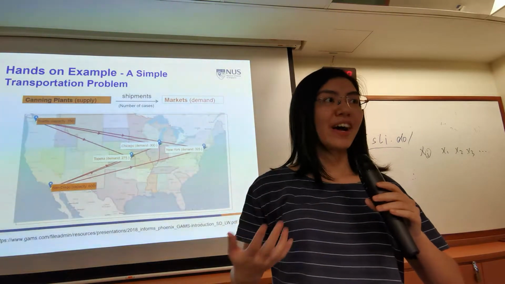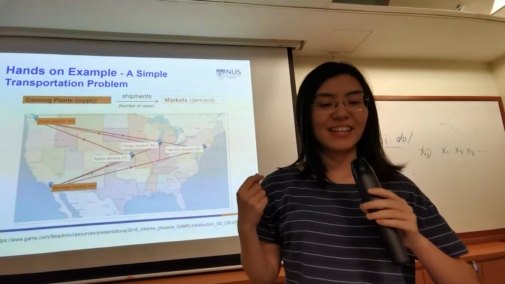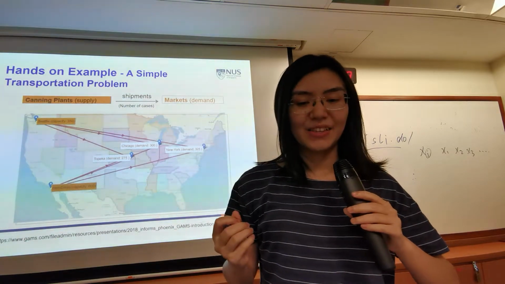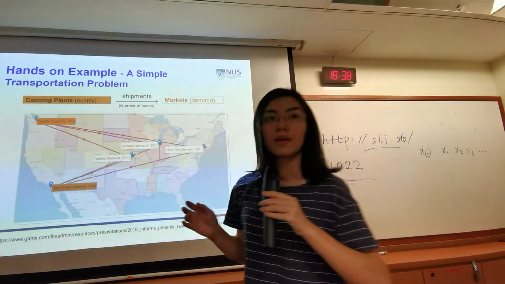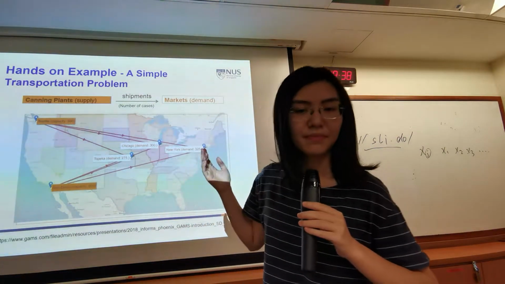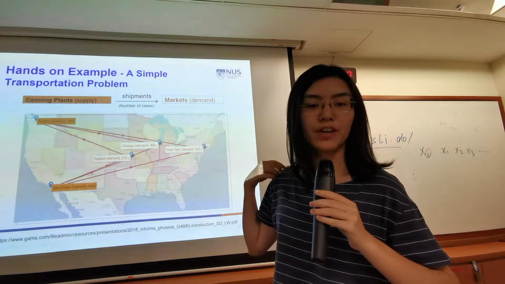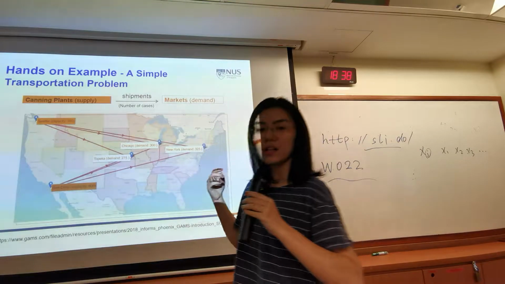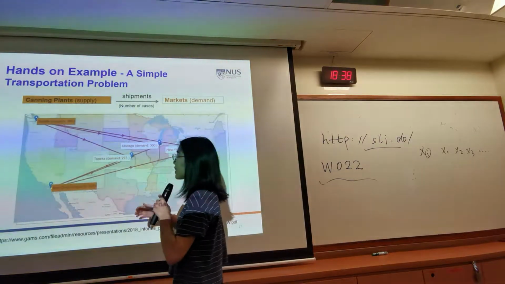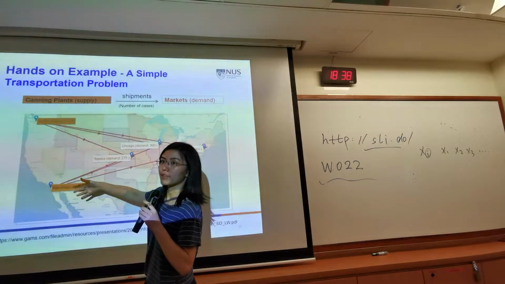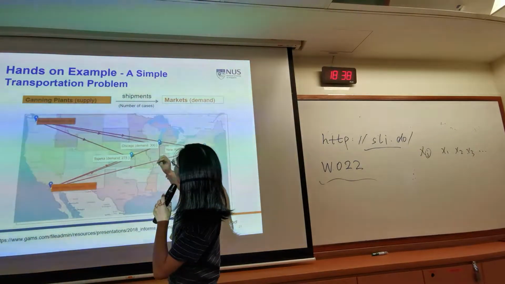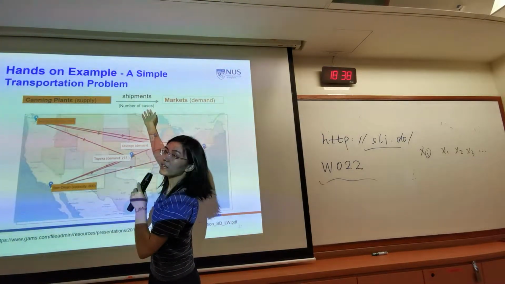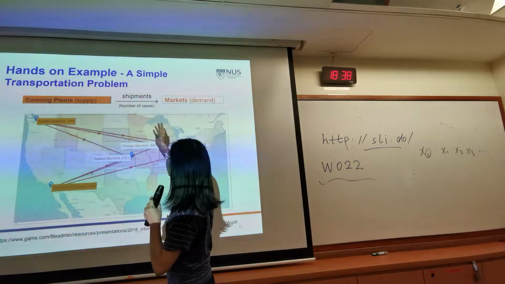So we can try to solve this easy problem using GAMS. Here I will introduce you to a simple transportation problem. There are two plants to supply the product, which is the cases.